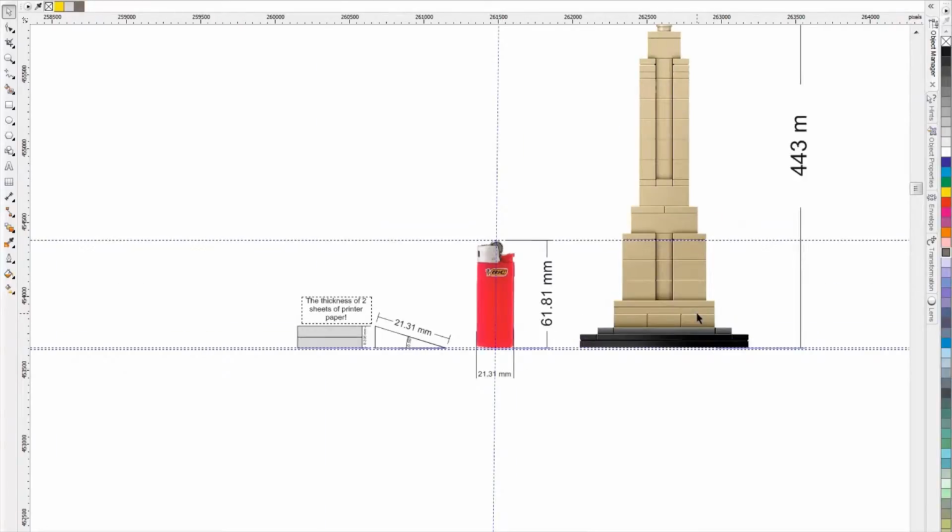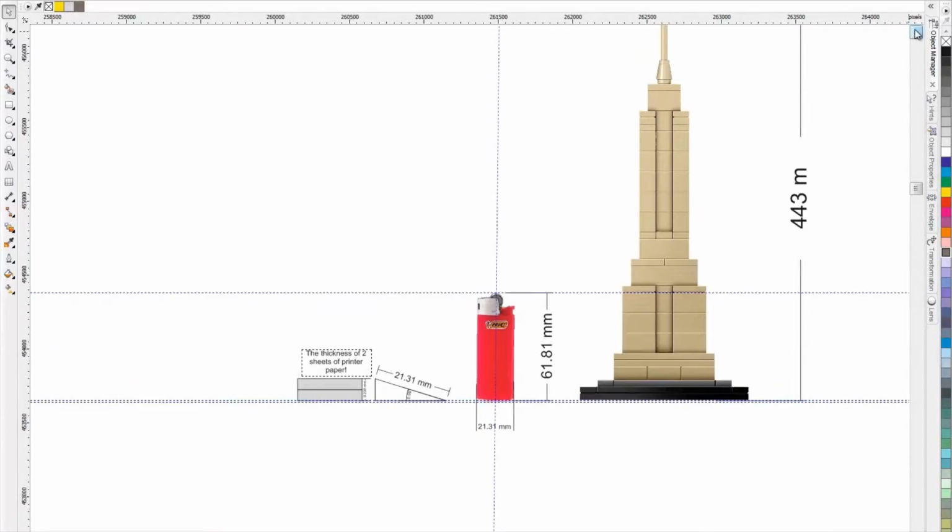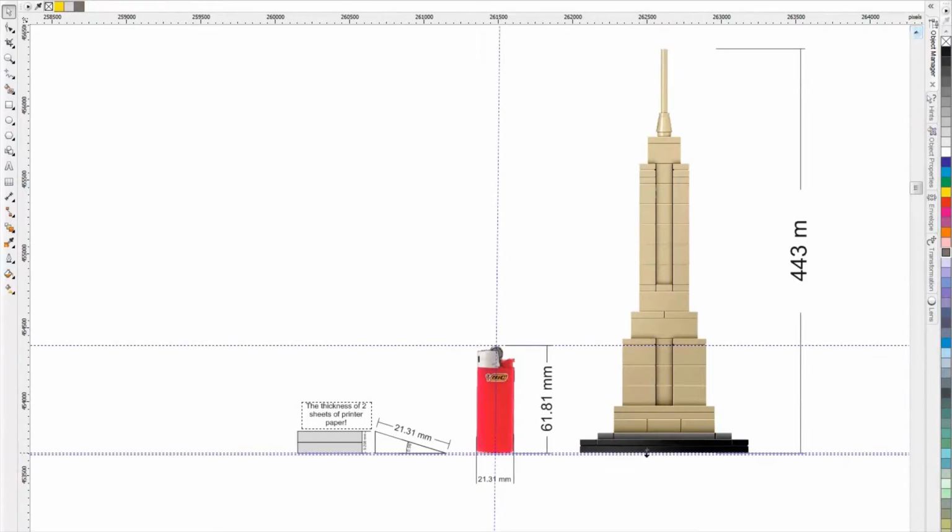So how is that going to help us? The Empire State Building has a height of 443 meters, as opposed to the height of the lighter, which is only 61.8 millimeters.